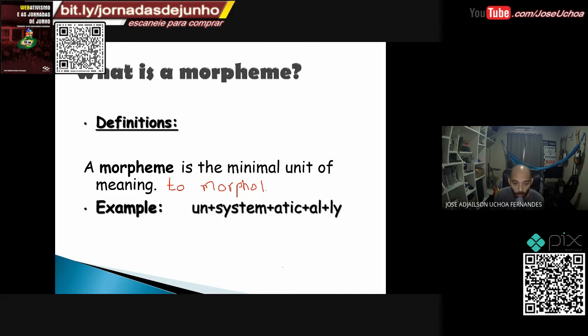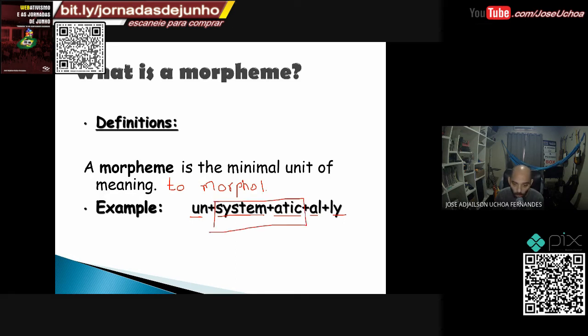Take, for example, unsystematically. Each of these parts of the word before the plus sign, un, system, attic, all, and li, each of them is a morpheme because each element here will contribute to produce the word unsystematically.